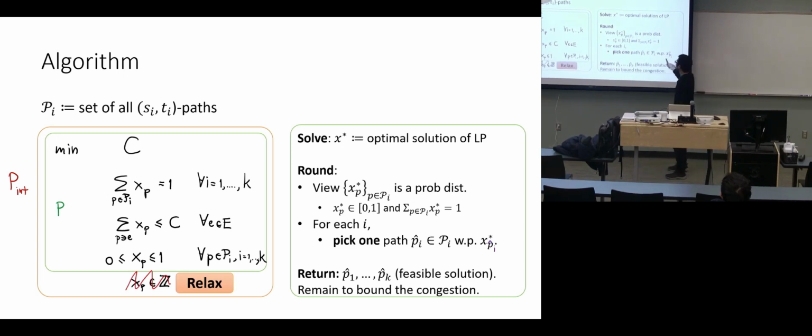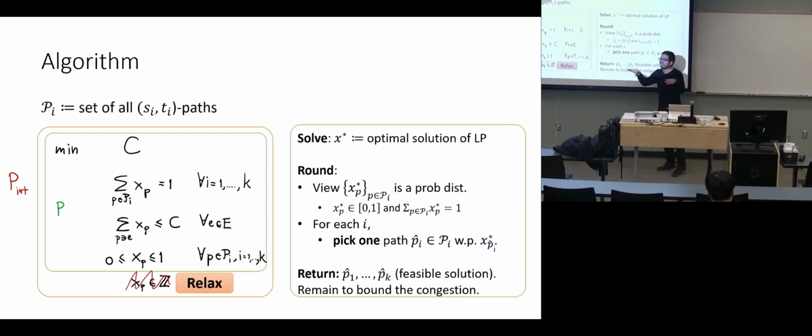And why does this make sense? This is because if you look at this collection of all paths from P_i, this collection of x star P for all paths P in P_i, you can think of this as a probability distribution, right? Because every x star P is a number from 0 to 1, and the sum is 1.